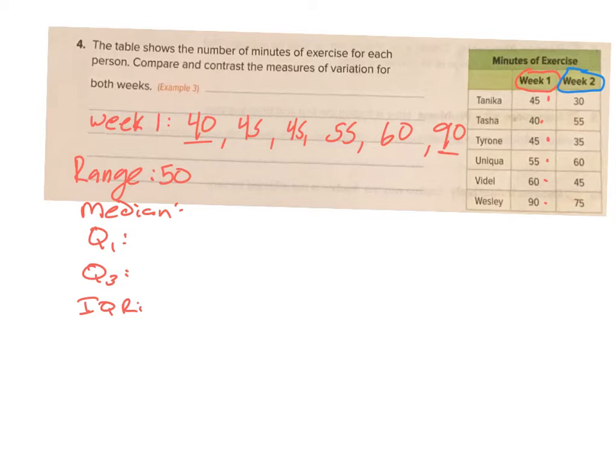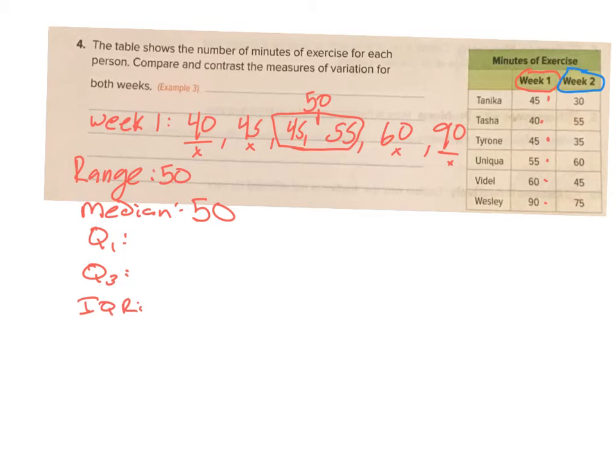So, median first. And the way we find the median is we take that one, take those two off, take that off, take that off, and then I'm left with these two. And if I do 45 plus 55, that gets me an even 100. And when I divide that by 2, it gives me 50. That's my middle. Okay, so my median is 50.